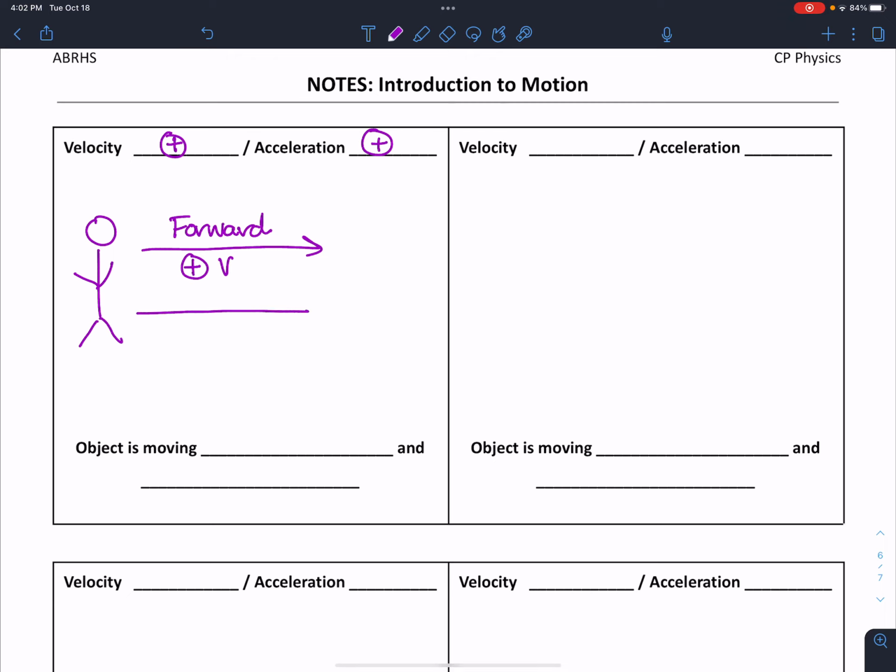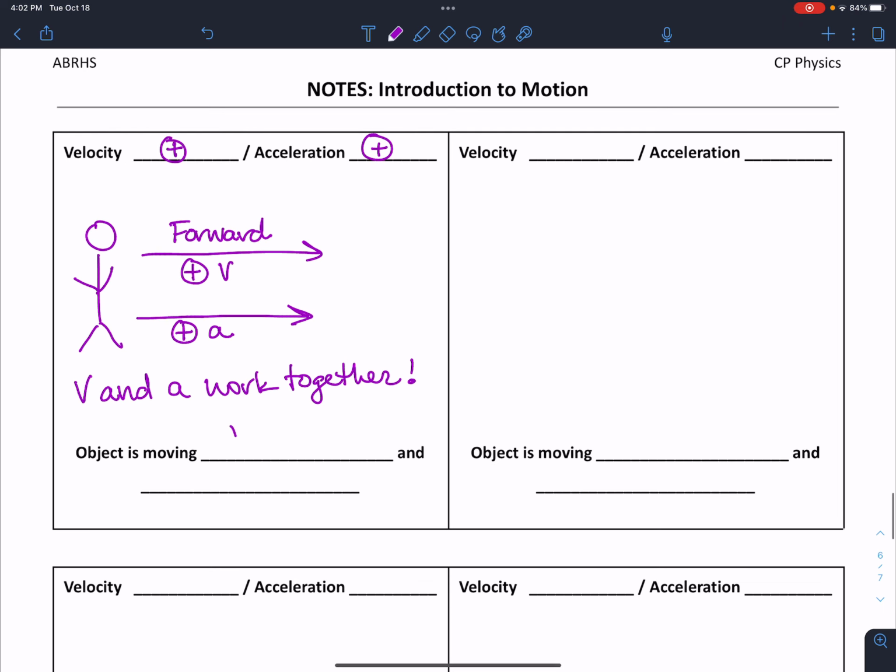If our acceleration is also in the same direction, then the acceleration and the velocity are working together. And if they work together, then you're going to speed up. So if we have a positive velocity, we are moving forward, and if the acceleration is also positive and the signs match, then we are speeding up.